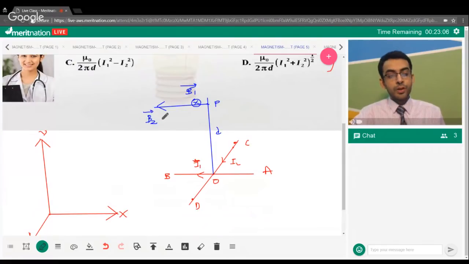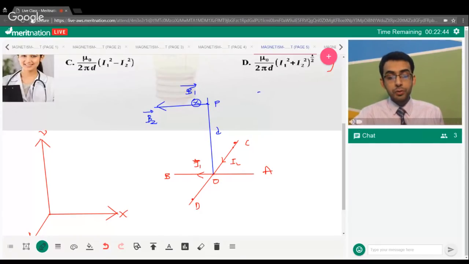So now we can understand that these two vectors are perpendicular to each other. If you're talking about the magnetic field at point P, the two vectors are perpendicular to each other, and we have to find the magnitude.